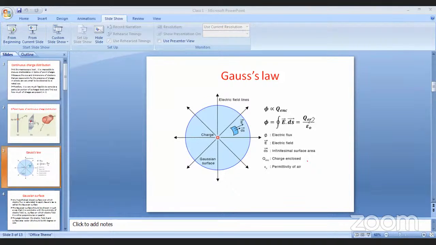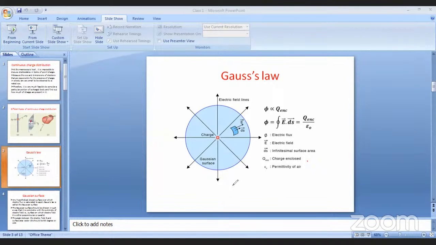Whenever you want to find out the total flux or the total electric field due to a charge distribution using Gauss law, you have to imagine a surface surrounding that charge distribution. That surface is called the Gaussian surface.